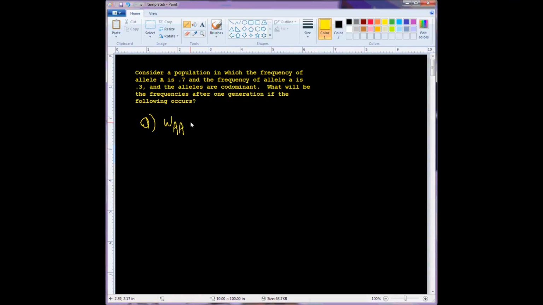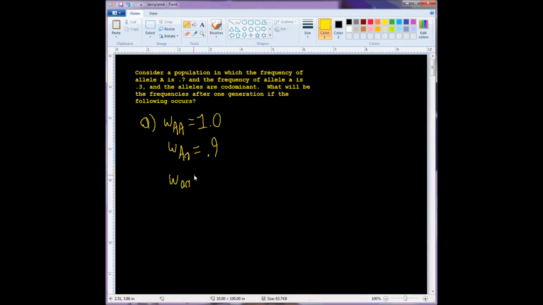So we are looking at different fitness levels, and we are going to use this little w here, which I think population geneticists refer to as omega, the lowercase omega Greek symbol. The fitness level of a homozygous big A genotype, we're going to say that's 1.0. For the heterozygote, the fitness level is 0.9.